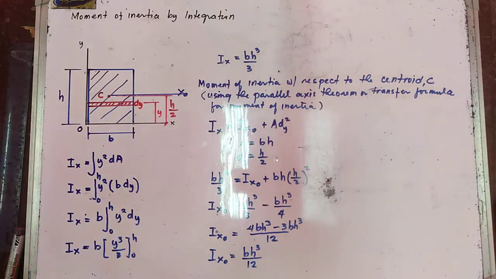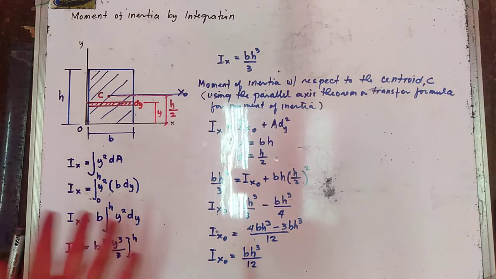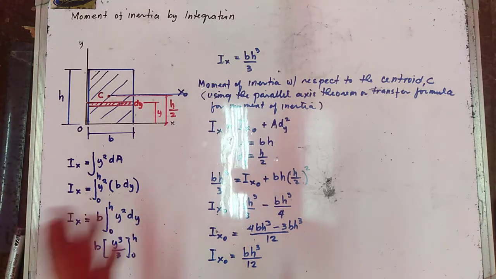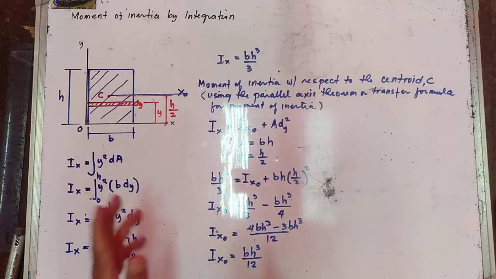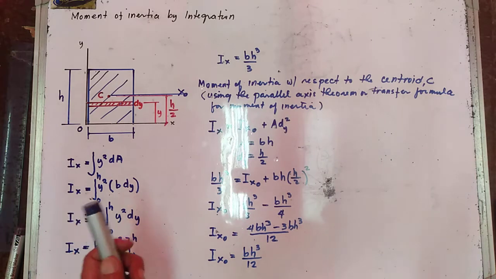And those values in the table were all derived using moment of inertia by integration, because we will be using this one as we proceed to moment of inertia of composite figures.